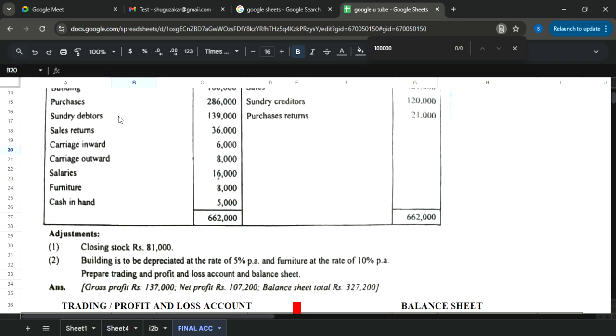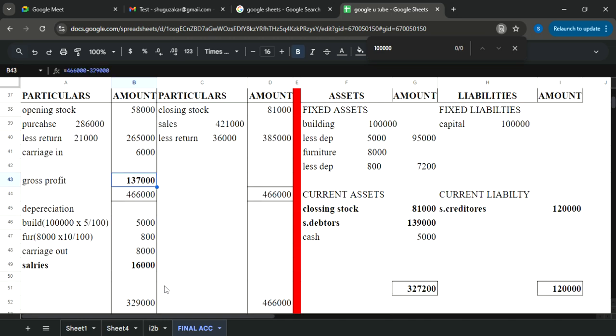Alright, and you look at here, you have your gross profit 137,000. Now you will bring this gross profit downward, 137,000. So it means both gross profits are completed.